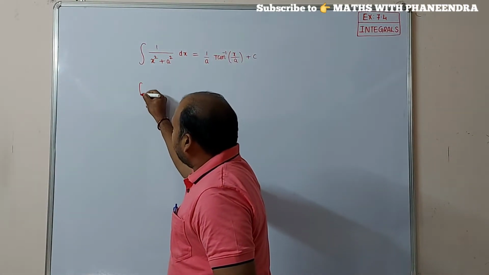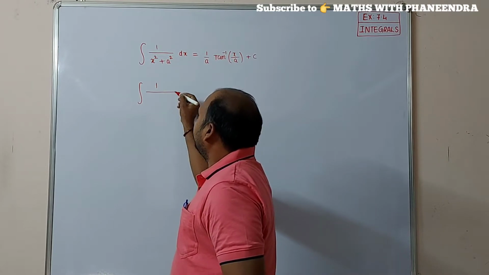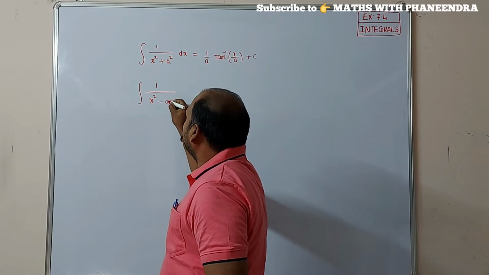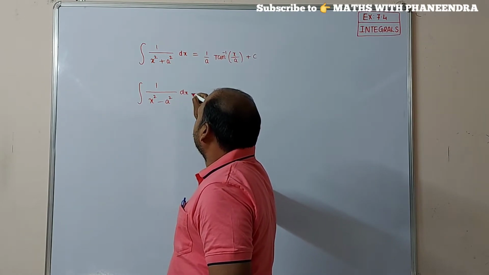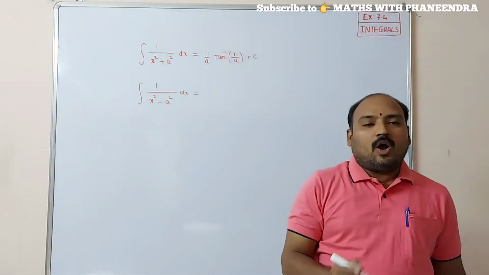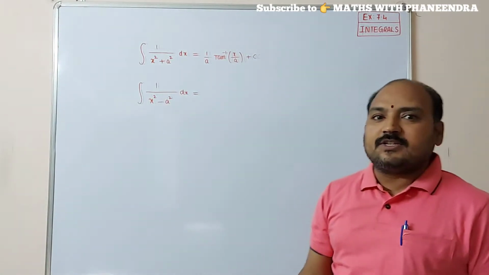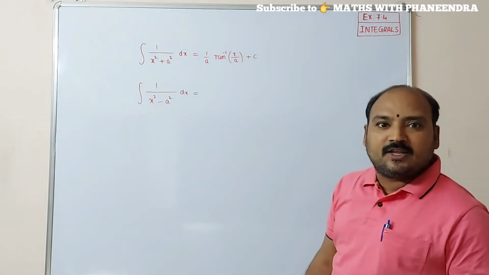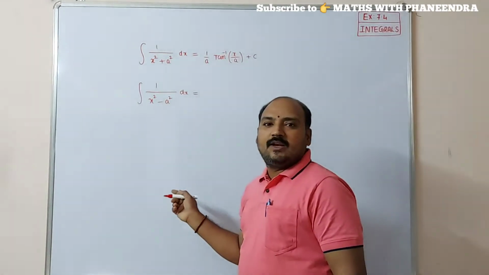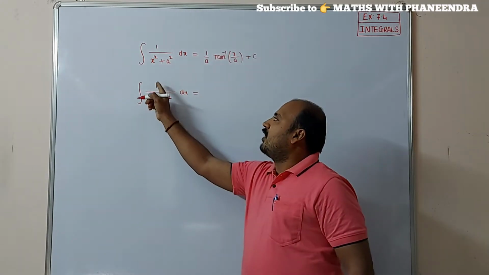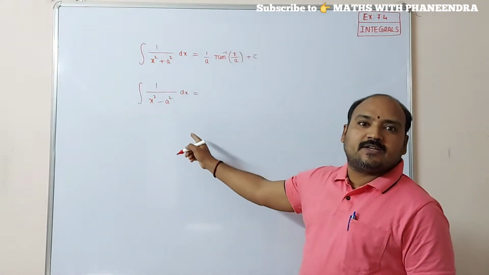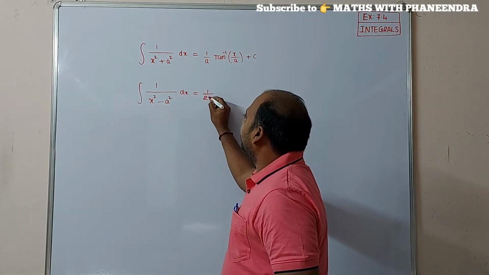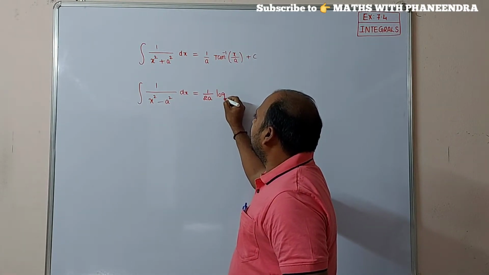Similarly, integral 1 by x square minus a square into dx. We have to apply partial fractions to split into two integrals and then integrate. After that, we will get the ultimate formula: integral 1 by x square minus a square dx is equal to 1 by 2a log mod.